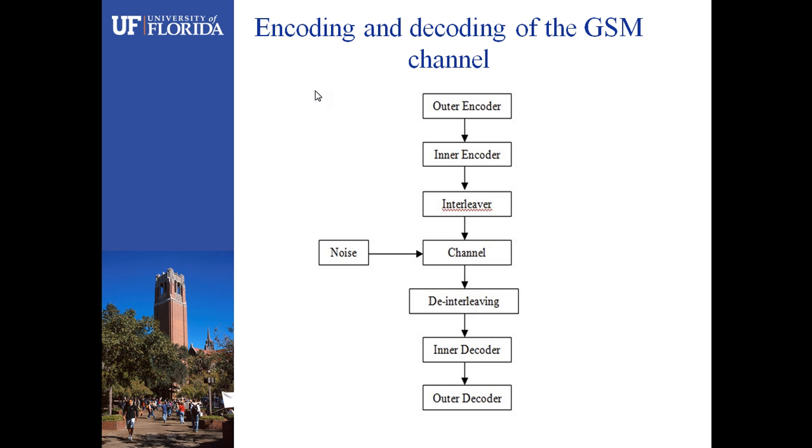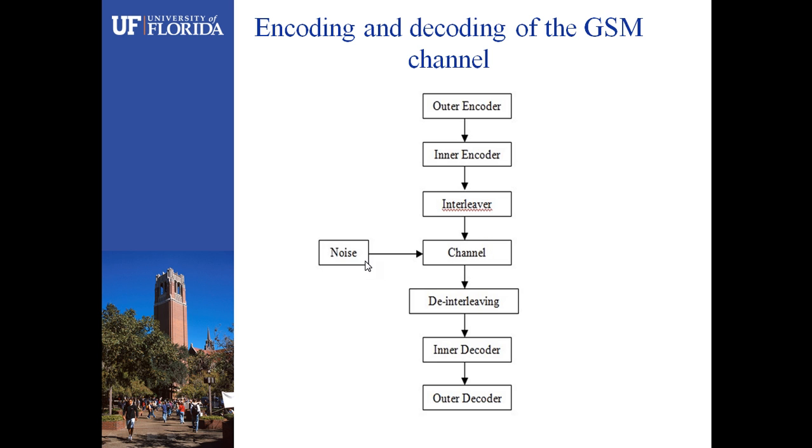This is a simple structure of the encoding and decoding of the GSM channel. The outer encoder and the outer decoder are based on a partition cyclic code. The inner encoder and the inner decoder are based on convolutional code.